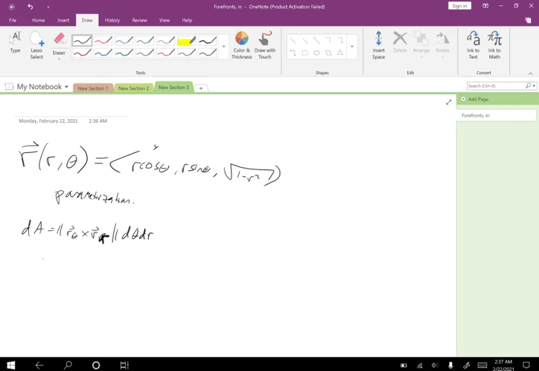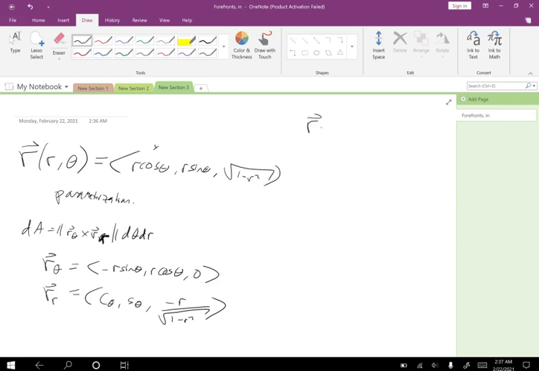So let's compute the partial derivatives. R theta will be minus r sine theta, r cosine theta, 0. And then finally, r sub r, partial derivative in r, this will be cosine theta, sine theta, and minus r divided by that square root. So let's again use our nice trick of computing the dot product.